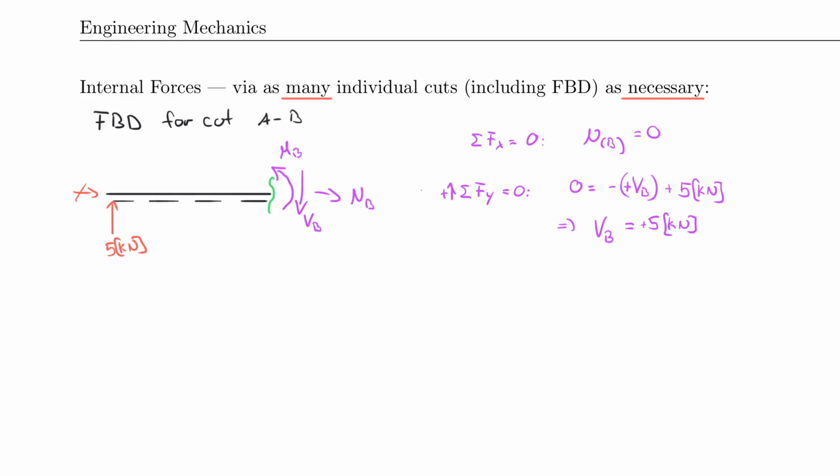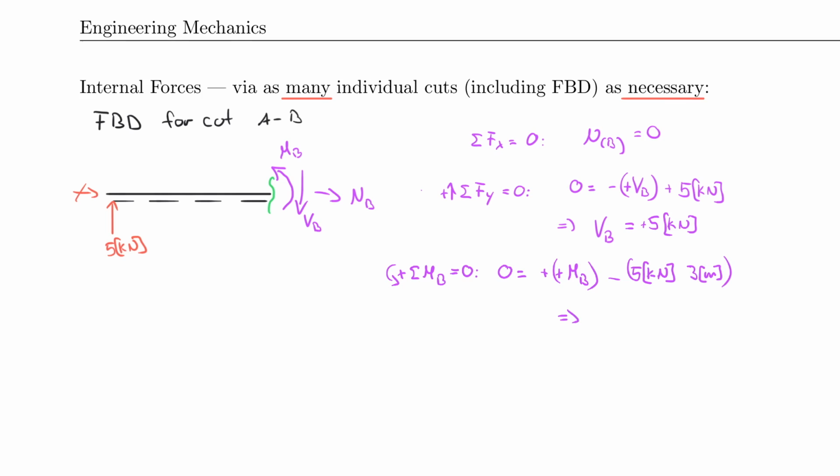Now for the moment, what do I do? To calculate the moment, I take the sum of the moments about point B equal to 0, counterclockwise positive in this case, and 0 is equal to plus positive MB minus 5 kilonewton with a lever arm of 3 meters. So the distance is 3 meters to point B, and negative is the rotation in the clockwise direction.